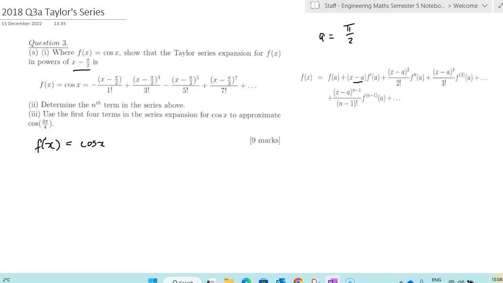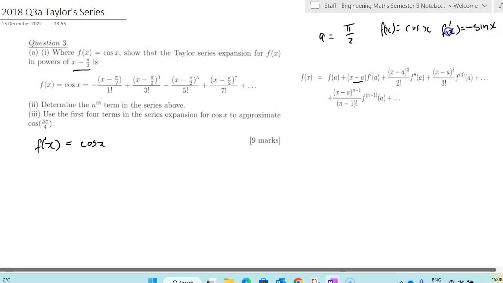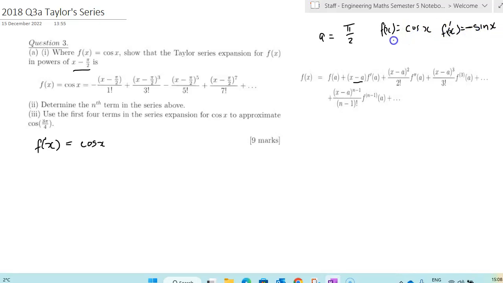Now we're going to have to differentiate cos x. If f of x equals cos x, then f dashed x equals minus sine x. So that's the first derivative. If you differentiate cosine x, you will get minus sine x.